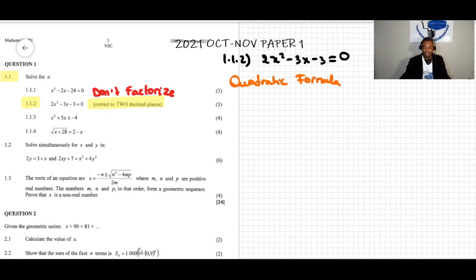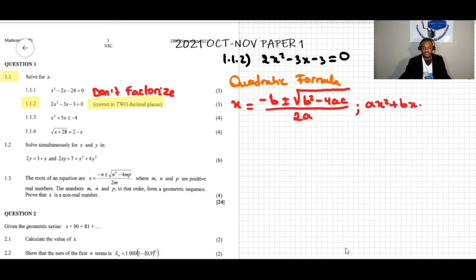The quadratic formula is given by x equals minus b plus or minus the square root of b squared minus 4ac, all over 2a. The quadratic equation itself is ax squared plus bx plus c equal to 0.